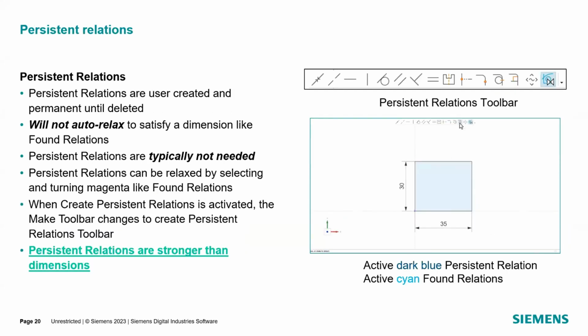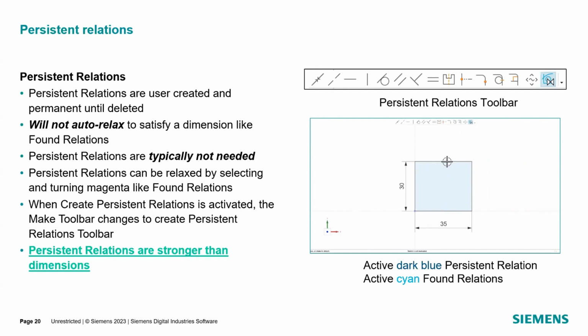So one other thing that we have is, with the make commands on the end of the toolbar, you can actually create persistent relations. So what the persistent relations do is, if you see in this example, this is the same one we started with. So where I told that to be persistently horizontal, no matter what happens, keep that horizontal, don't allow it to change.